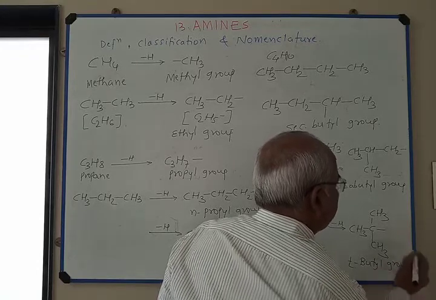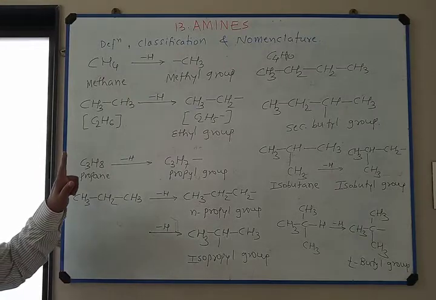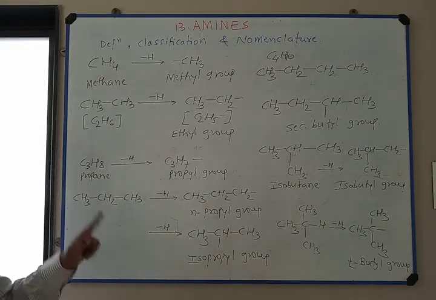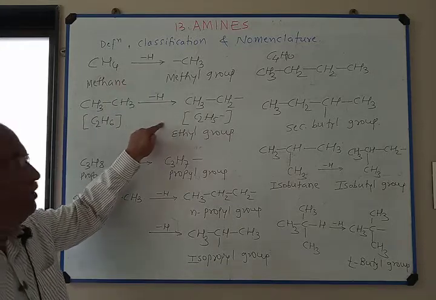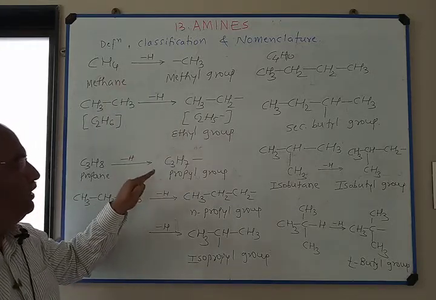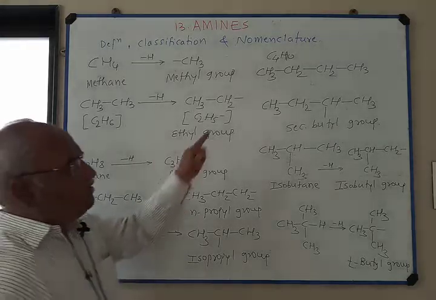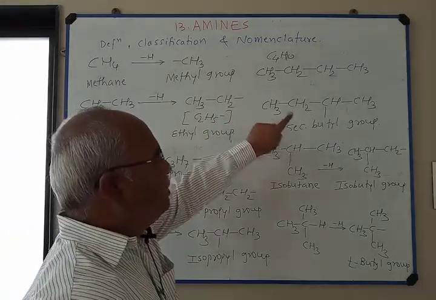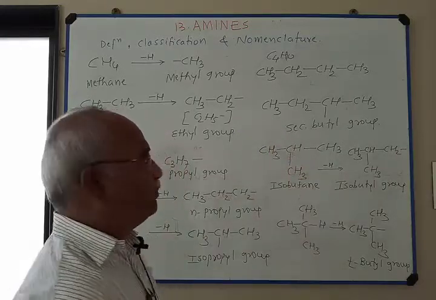So remember friends, on board I have written different alkyl groups: methyl group, ethyl group, propyl group, N-propyl group, isopropyl group, secondary butyl group, isobutyl group and tertiary butyl group.